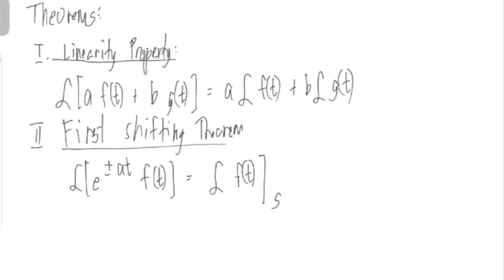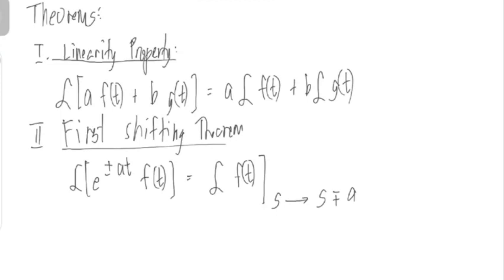Whatever the result, you simply replace s. Papalitan mo lang yung s by the quantity s minus a, or s plus a. Halimbawa, e to the positive at function of t, kunin mo yung Laplace transform ng function of t, then yung result na s, palitan mo ng s minus a.